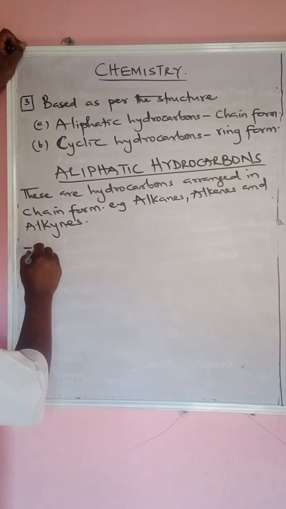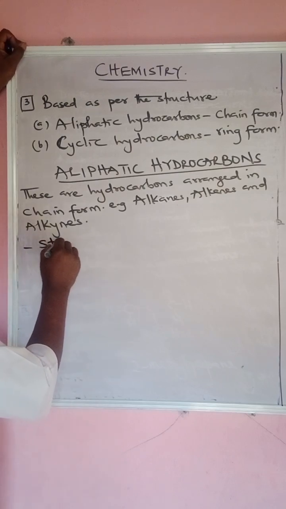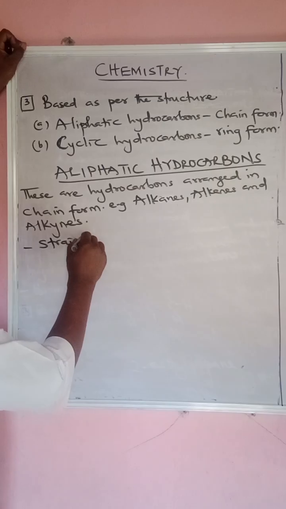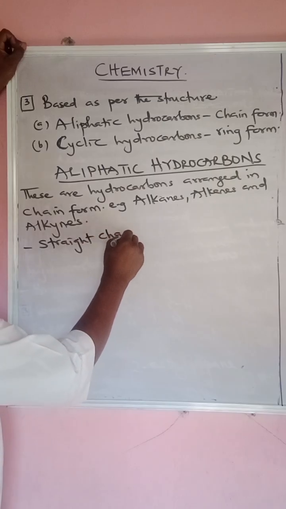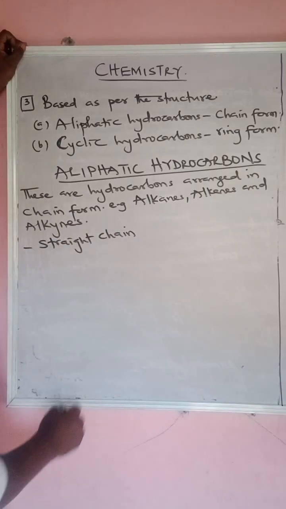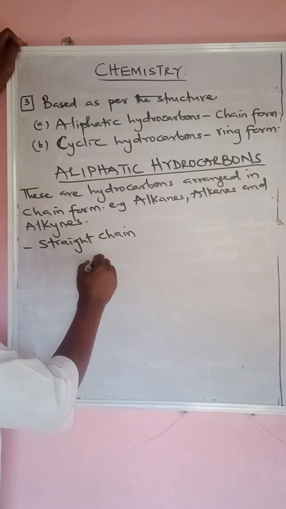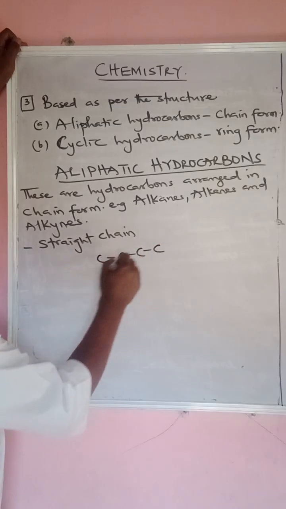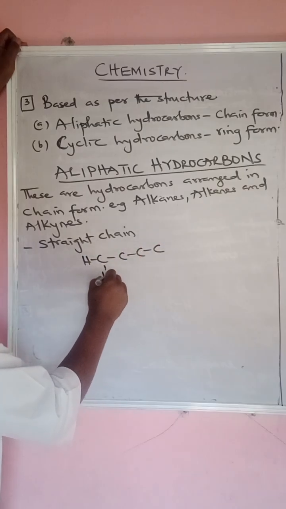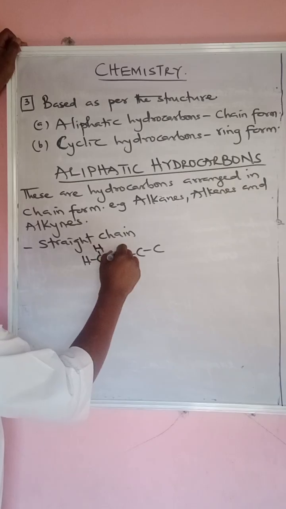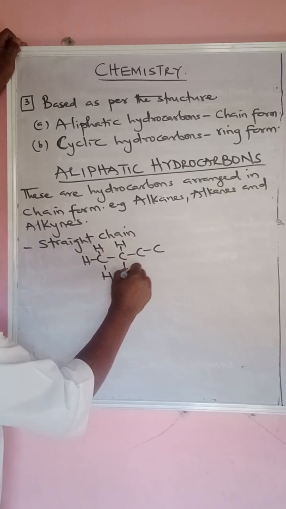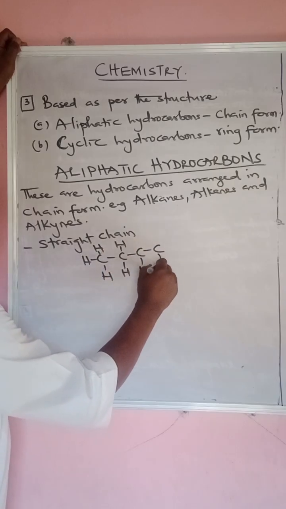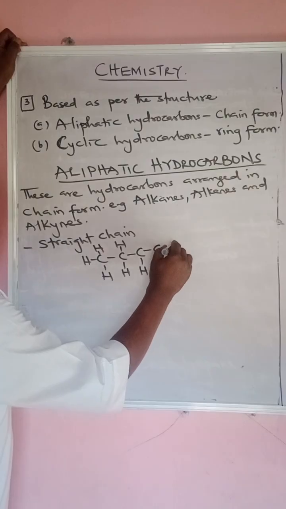It could be straight chain hydrocarbon, or it could be branched. Example, if you have something like this, this is n-butane, normal butane, arranged in chain form.